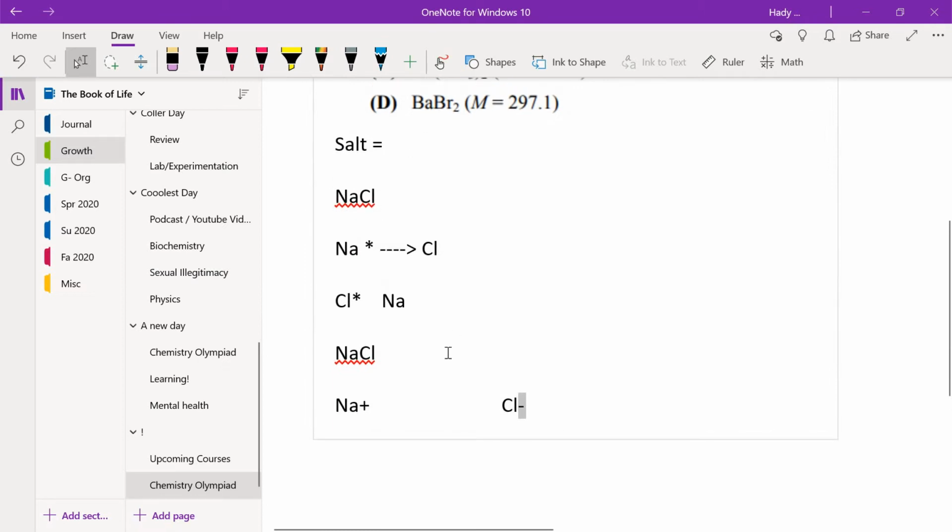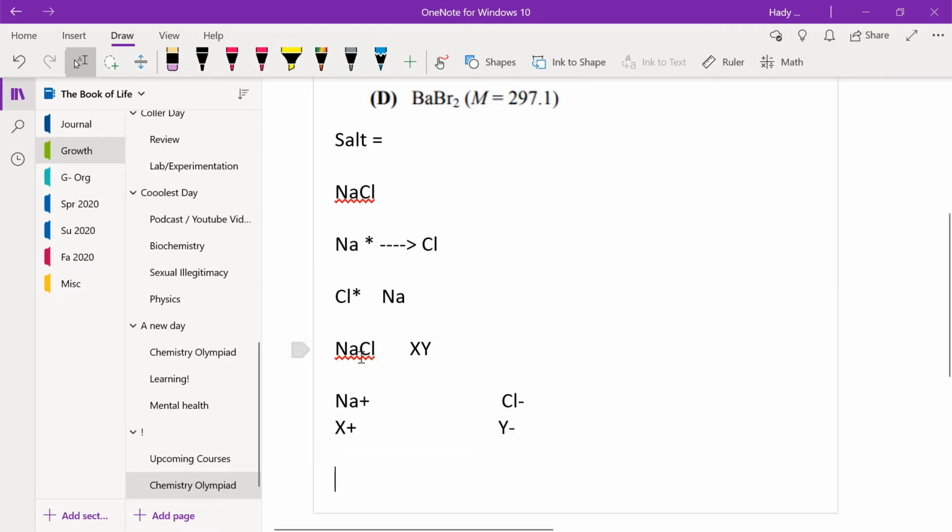Now let's say you had NaCl, and I can't think of a good example, so I'm just gonna use X, Y. And the same thing happened with X and Y. It was soluble, so it dissolved when placed in water. So you had X plus and Y minus.